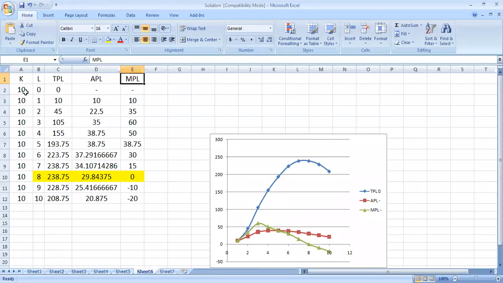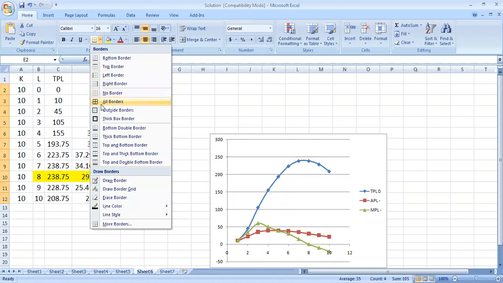Okay, now look at this column, which is the column of marginal product of labor. I've highlighted it with yellow shade to make you understand that this particular column follows a pattern of increasing and decreasing returns.